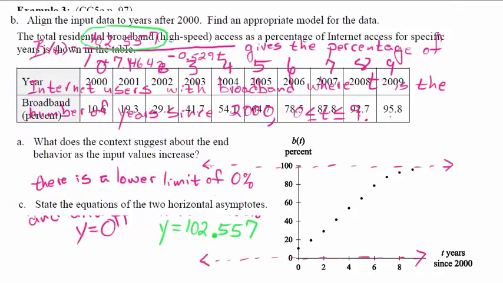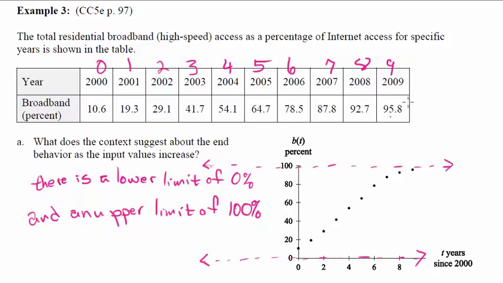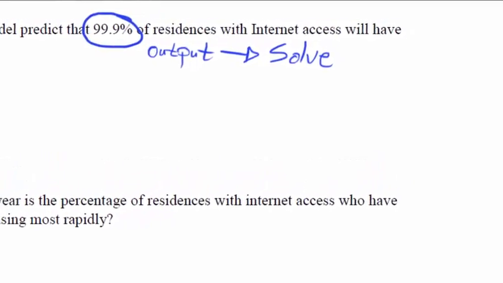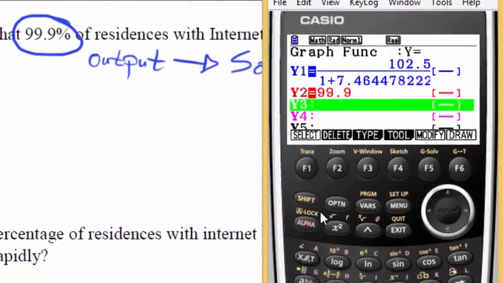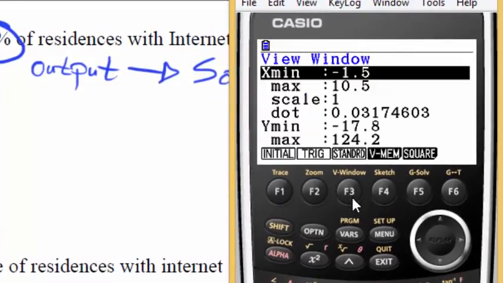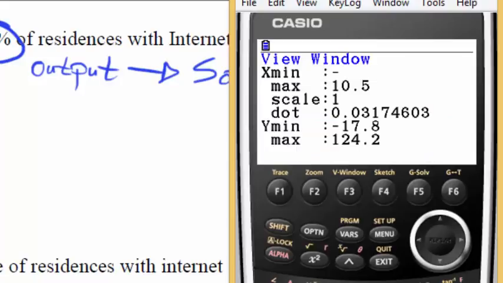We have not reached 99% in 2009, so I think it's going to be somewhere after 9. So let's go shift viewing window, and let's go from maybe -1 to 20.